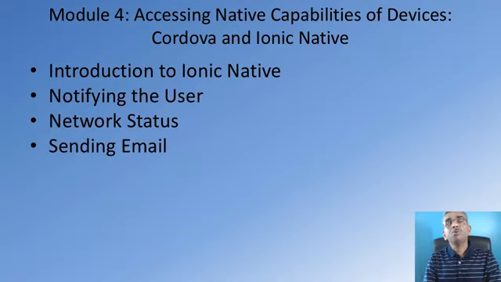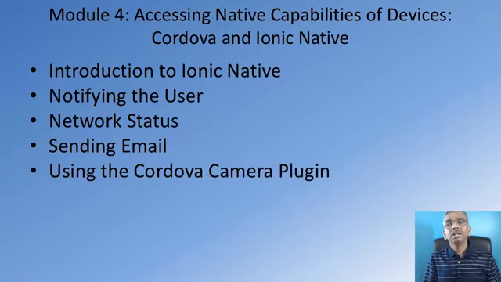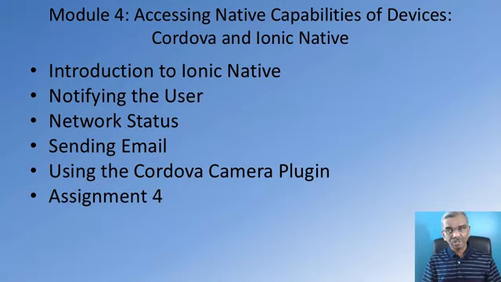And we'll look at how you can leverage sending emails from our Ionic application using the native capabilities of our mobile device. And looking at how we can leverage the camera support using the Cordova camera plugin and also the Ionic native wrapper. This should take us all the way to the final assignment of this.